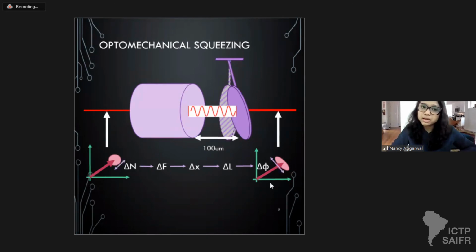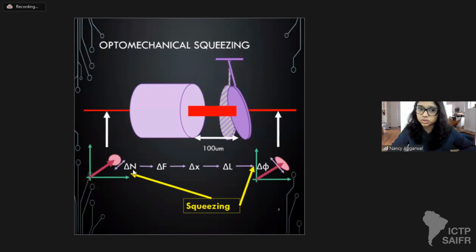What that allows us to do is to use this radiation pressure force, or this optomechanical interaction, to create correlations between the number and the phase quadrature of the light. And that's just another way of saying that you have squeezed light. So this is how we plan to generate squeezed light.